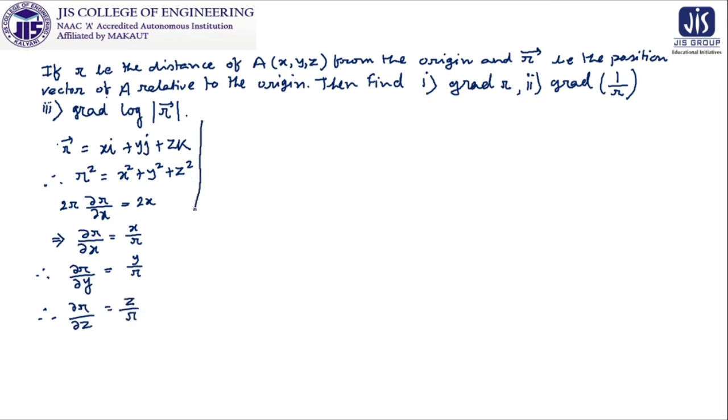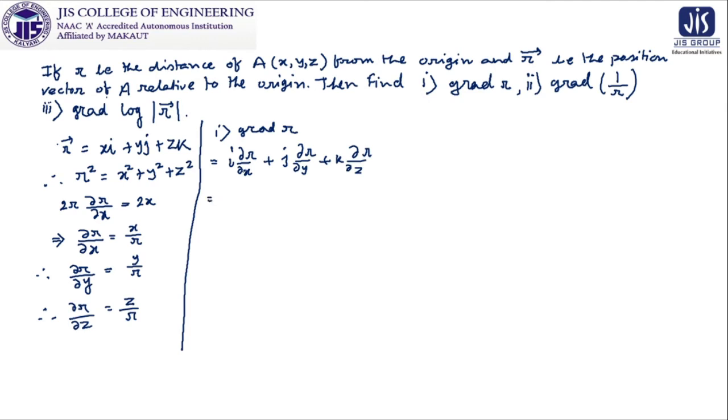Now, what is asked of us? First question, grad of r. We can write it as i del del x plus j del del y plus k del del z on r, and inserting r in the inside part, i del del x r plus j del del y r plus k del del z r.